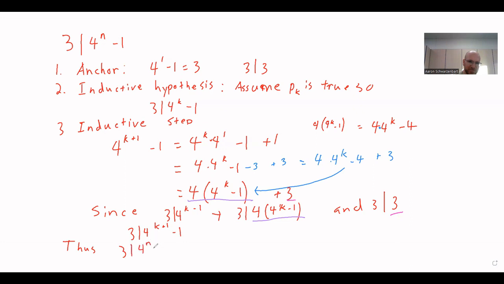So I can say that 3 divides my original thing by the principle of mathematical induction. Sorry, it's the principle of mathematical induction. Again, what did we do here?